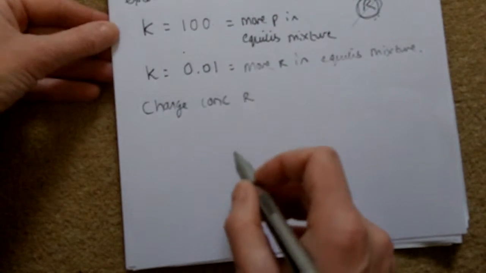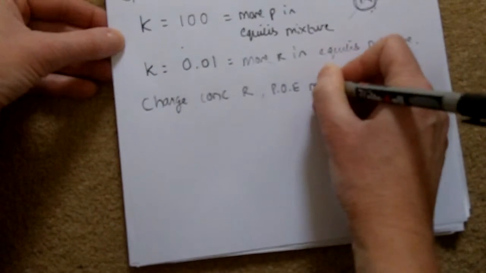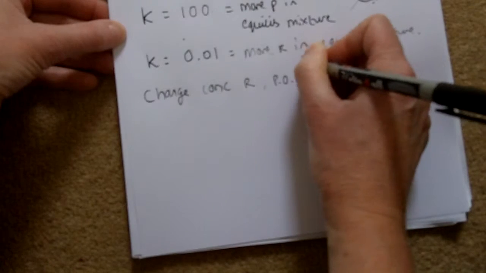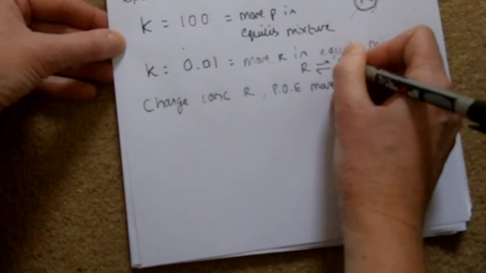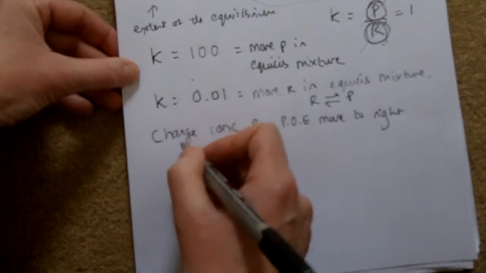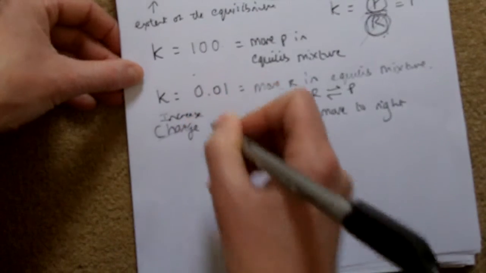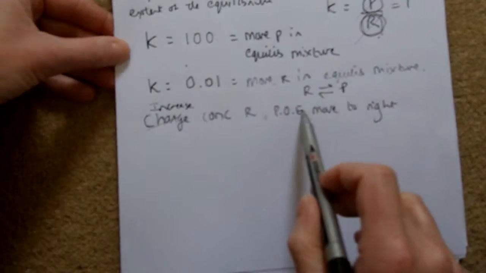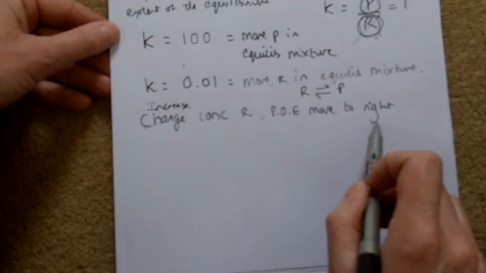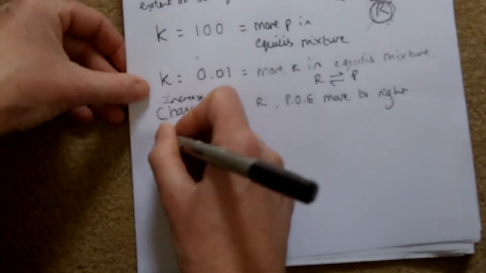When I say change, I mean increase. If we increase the concentration of the reactants, the position of equilibrium will move to the right, from reactants to products, to minimize the change.